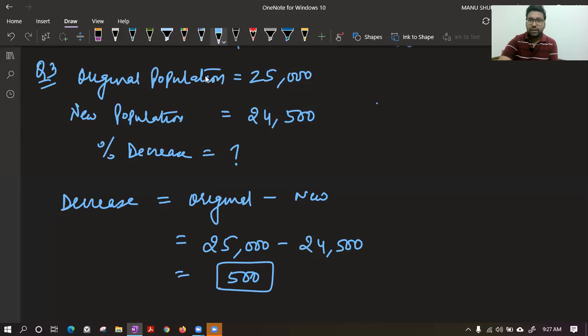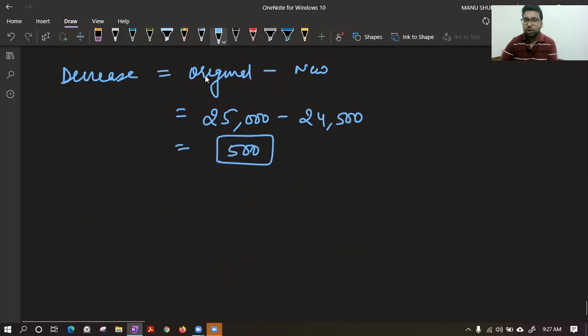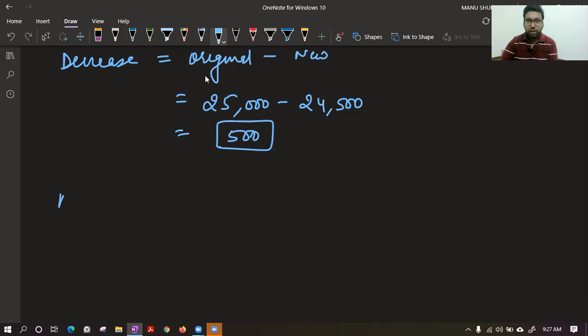Now let's find the decrease percentage. We have already discussed this. Whenever we want to find a percentage, even if you forgot the formula, it is very simple. To find the percentage of anything, first you write that thing, decrease, upon what? Original value. In case it is your marks in school, you write maximum marks.